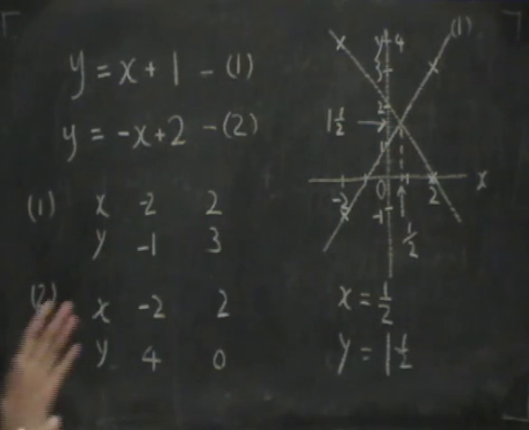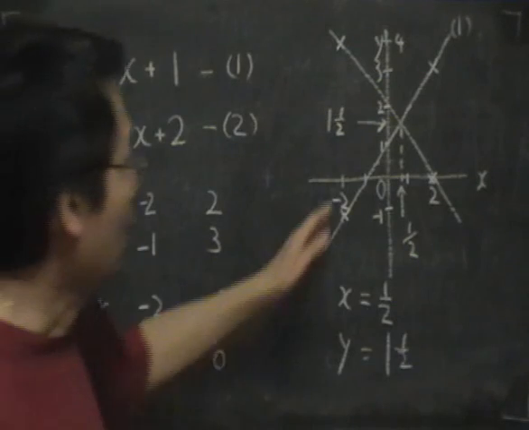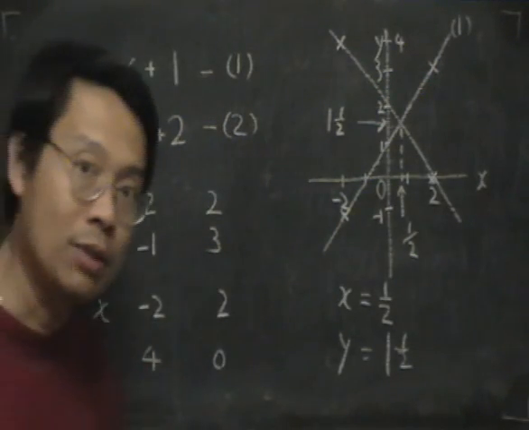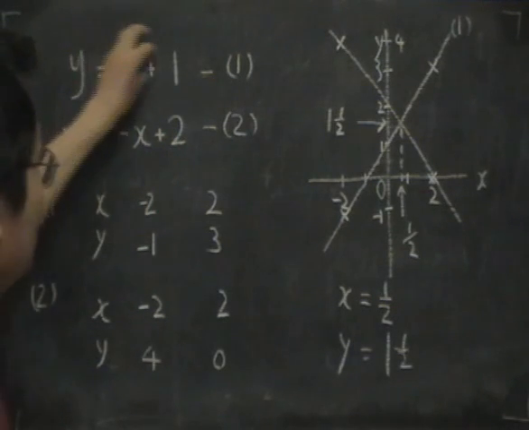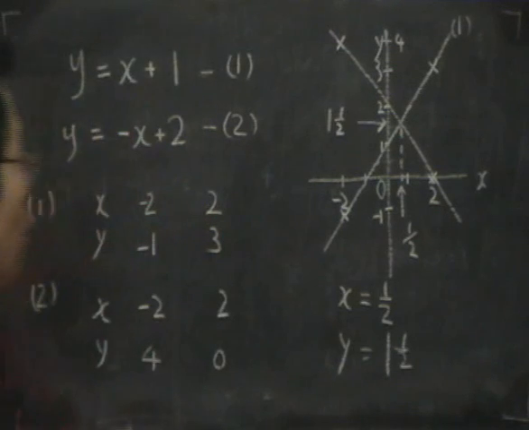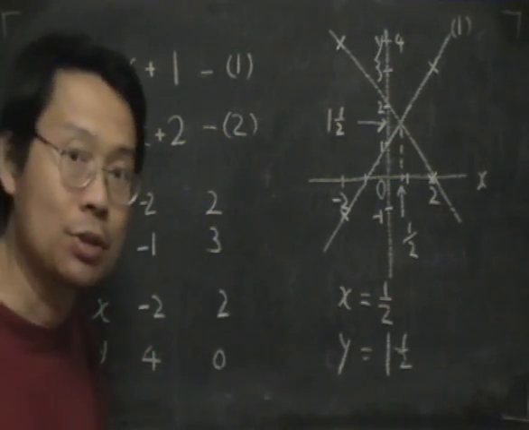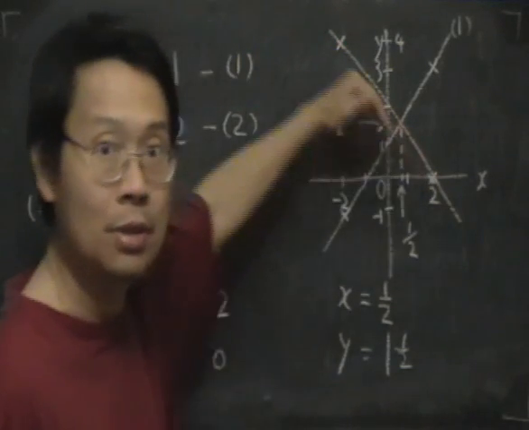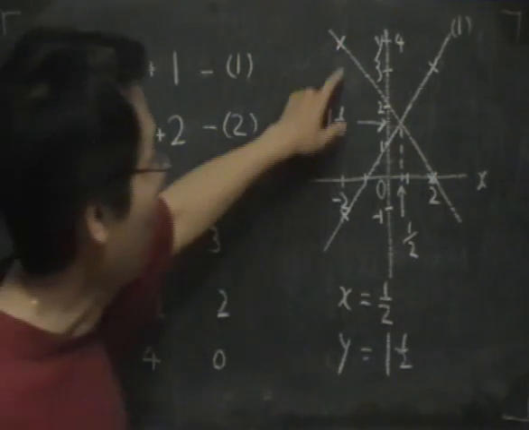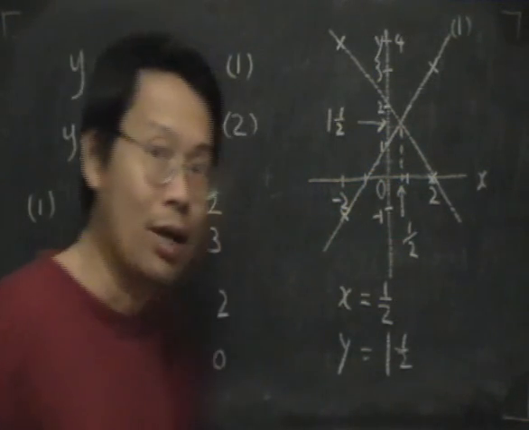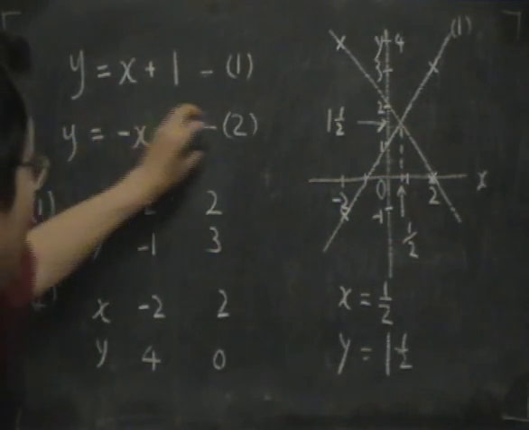Now that we know that for any point on this line, the x and the y values would satisfy this equation, we can say the same of the next equation. So this equation 2 gives that graph. Therefore, if I pick any point on this line, the x and y value must satisfy that equation.